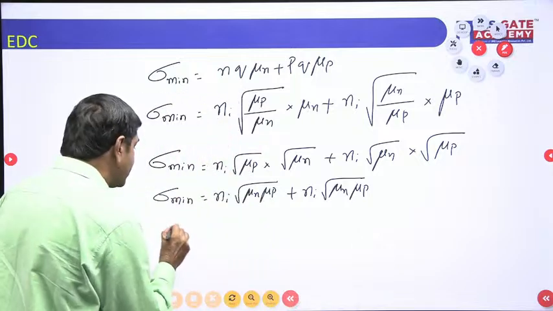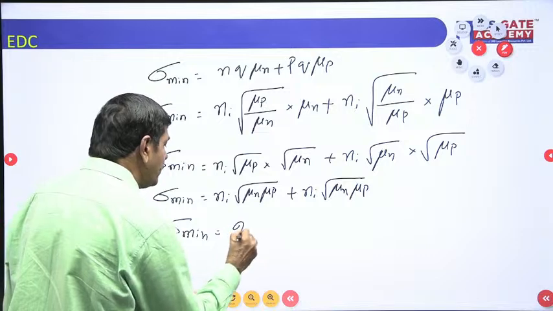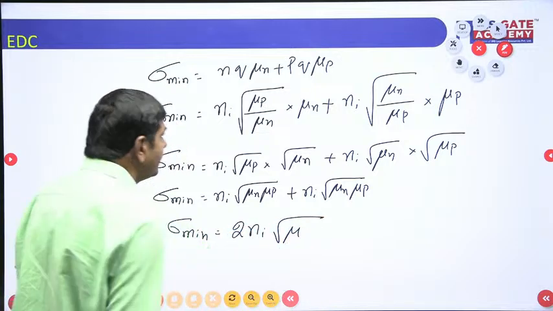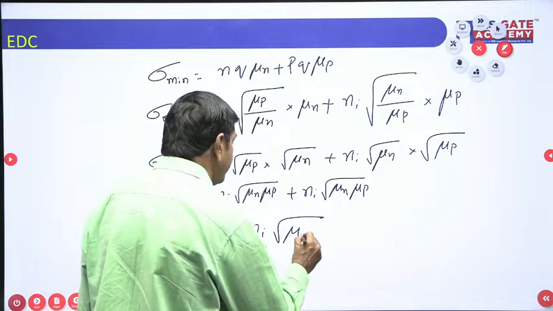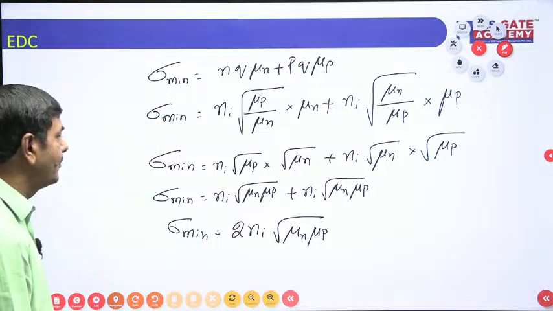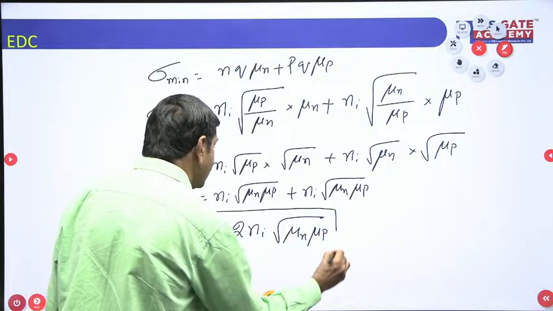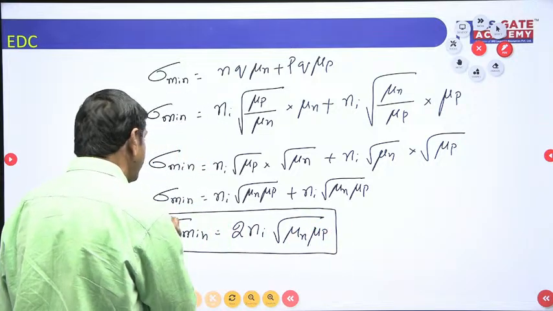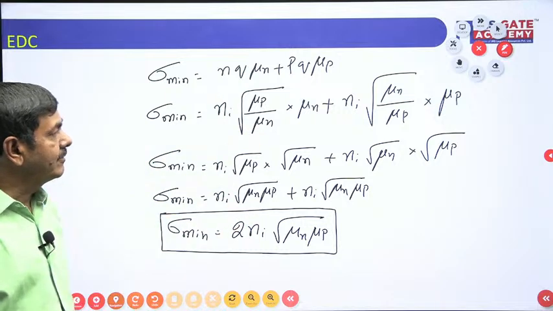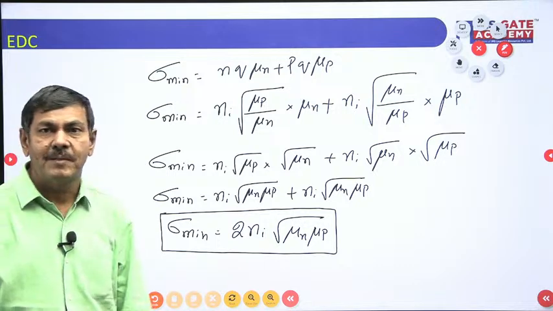And finally, sigma minimum equal to how much? 2 into ni into root of mu n mu p is possible. Yes, we should apply this formula now. The addition of these two is made. It's the total conductivity. If you want to find this, you must use ni into root of this value we are getting now. Understand now? That formula you need to mark.